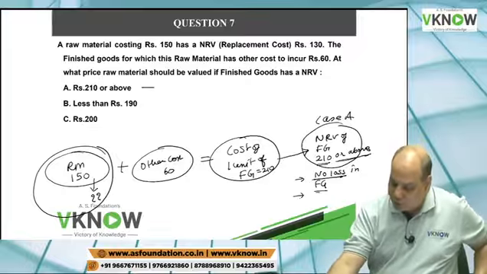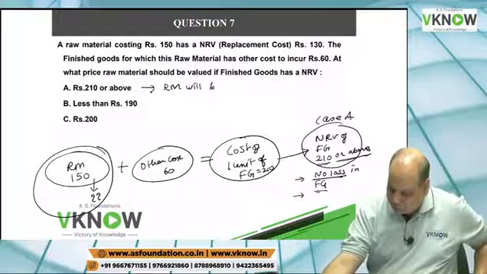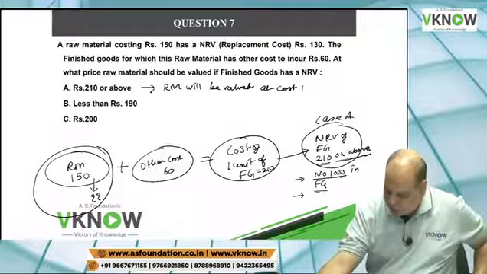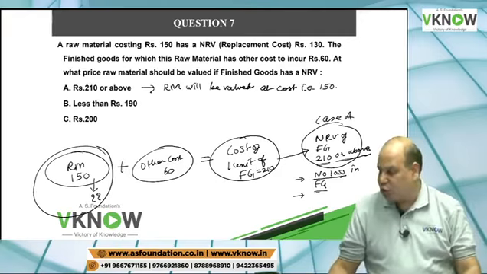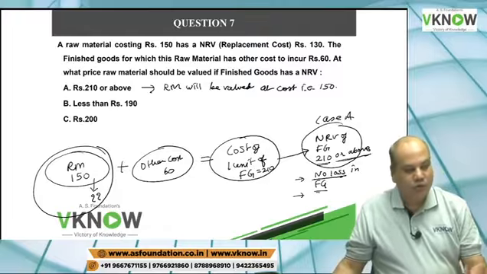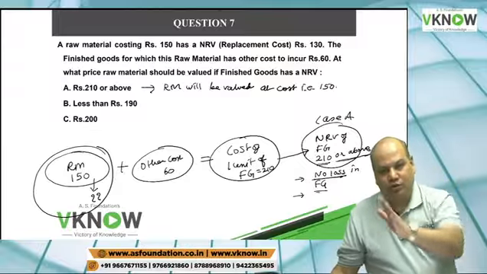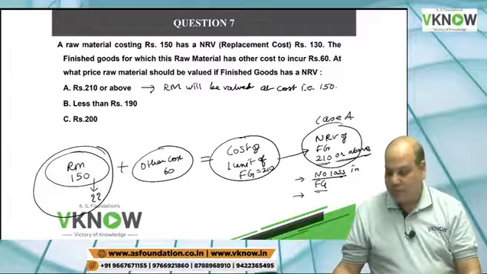So the answer for the first part will be raw material will be valued at cost, that is 150, because there is no point in reducing the value of raw material. Raw material will be used in finished goods. Finished goods will be sold at a profit. So you are not going to lose anything. So 150. Is it right?